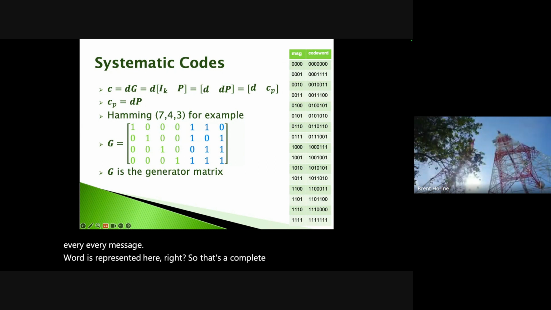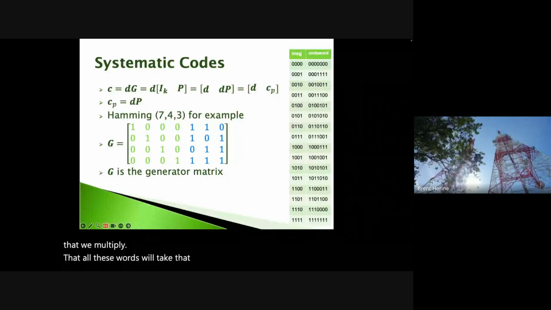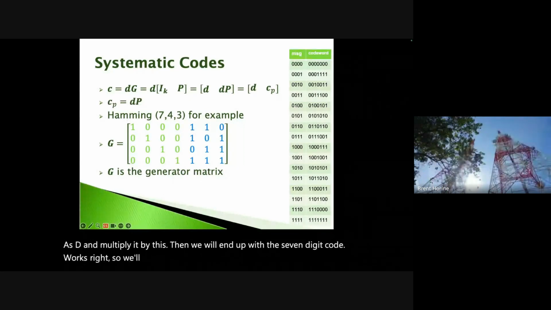Now we take all these words as the vector D and multiply it by this, and we end up with these 7-digit code words. So we'll have the all zeros code word, here we'll have 0001111, and so on.